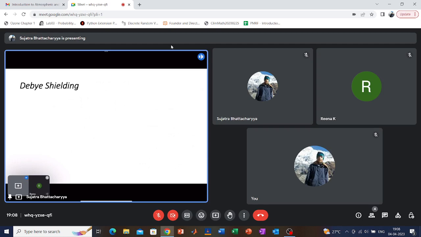So here, if you take a plasma in general, suppose this is a plasma, ideally it is neutral. But if we introduce some positive charges over here, this neutrality goes.